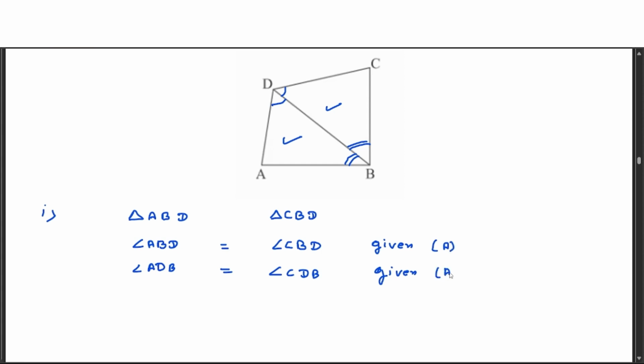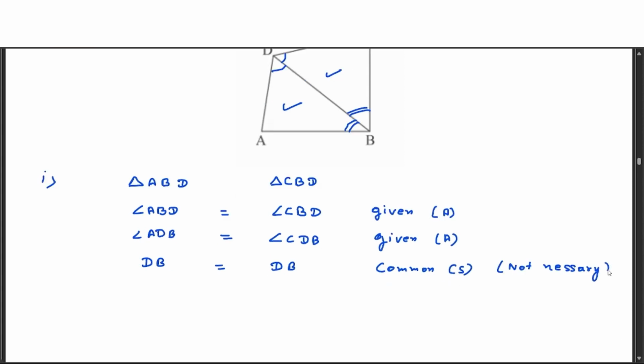Because two angles are equal, automatically the third angle is also equal. So triangle ABD is similar to triangle CBD by triple A criteria. So first one you have proved.